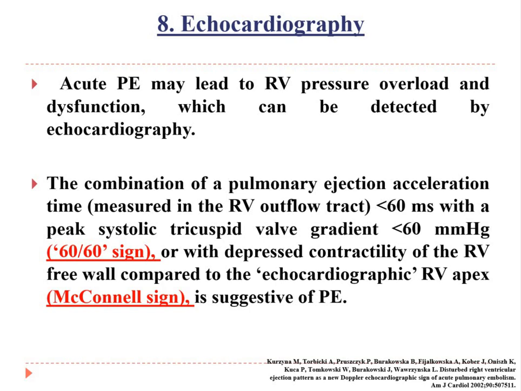The combination of a pulmonary ejection acceleration time measured in the right ventricle outflow tract less than 60 milliseconds with a peak systolic tricuspid valve gradient less than 60 mmHg, the 60/60 sign, or with depressed contractility of the right ventricle free wall compared to the right ventricle apex, McConnell sign, is suggestive of pulmonary embolism.